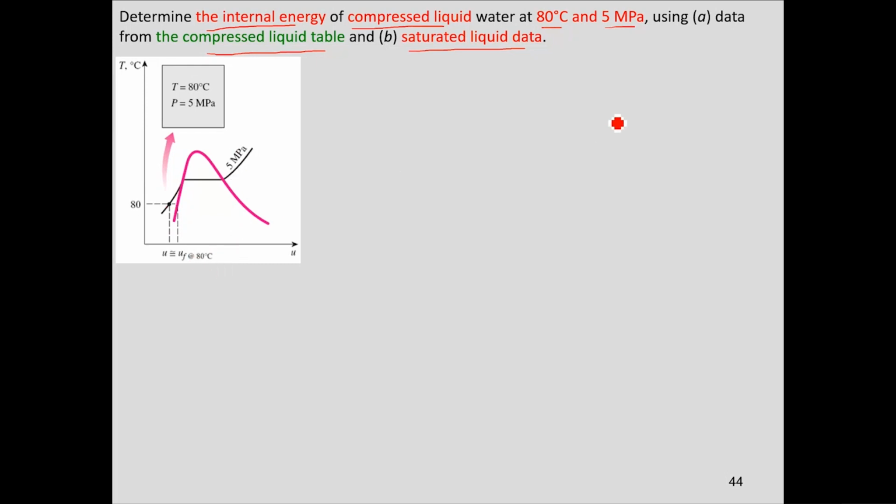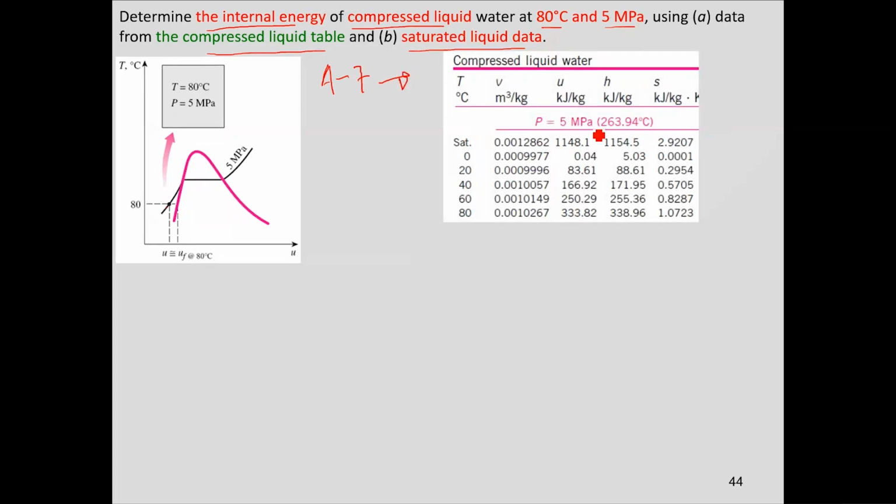You have to find the value first from the compressed liquid table, which is table A7. If you go to table A7, the first thing is you will find the pressure corresponding to the state given to you, which is 5 megapascal, and the temperature correspondingly is 80 degrees centigrade. So the value of internal energy corresponding to this condition would be 333.82.